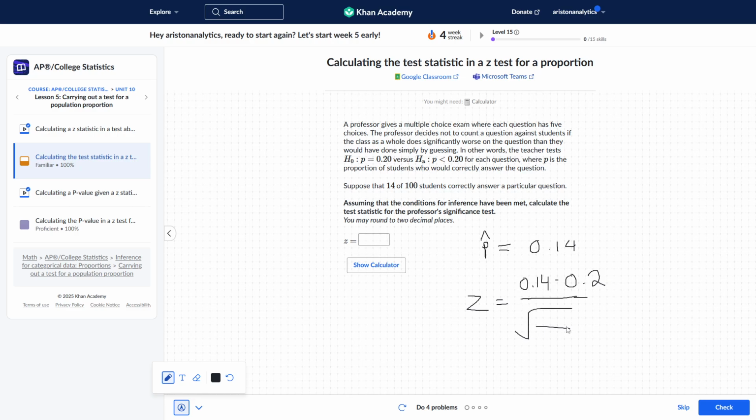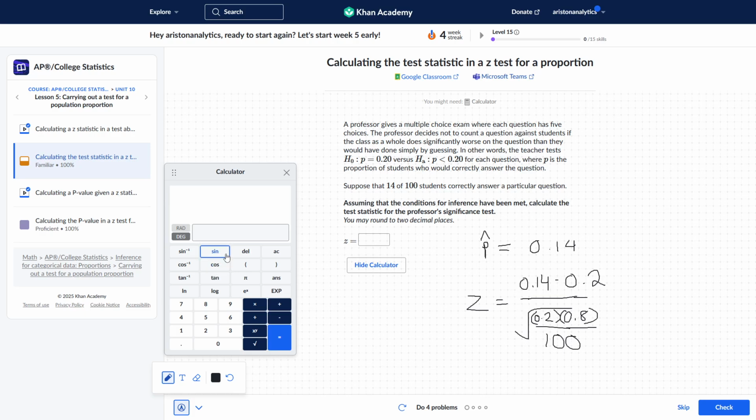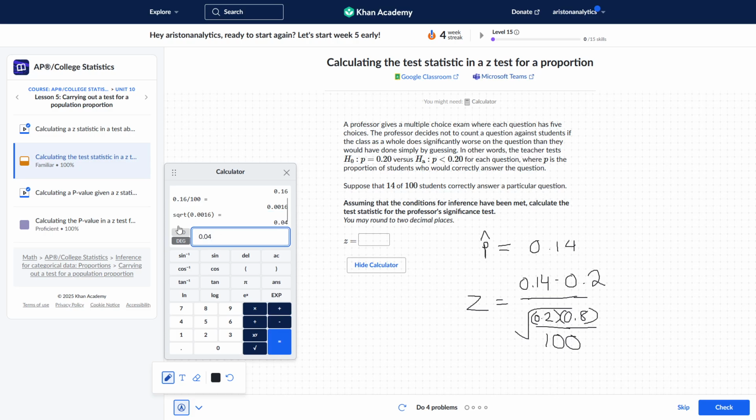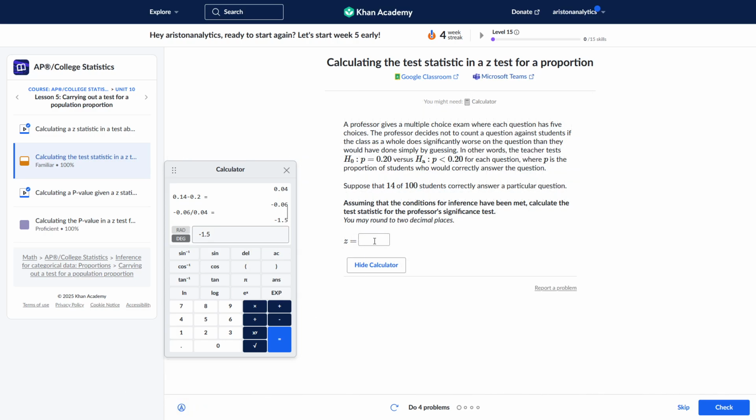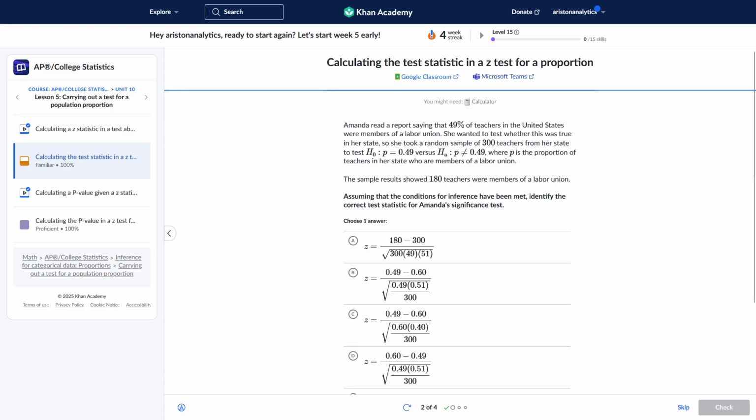This is also a fraction. 0.2 times 0.8 over the sample size 100. Negative 1.5. Nice, okay.